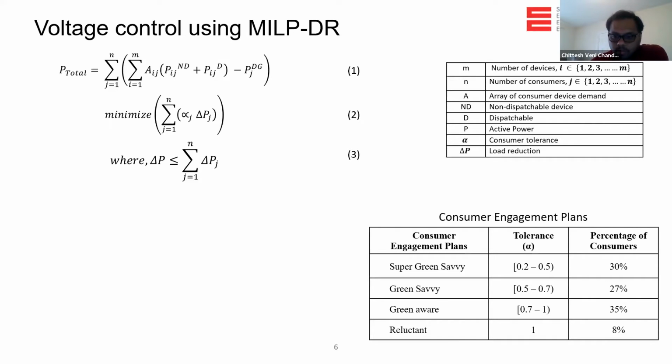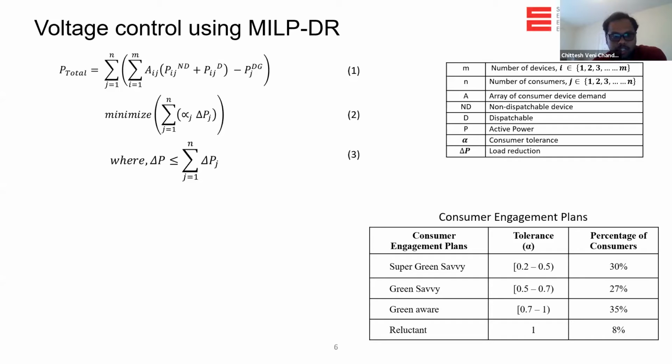So for each of these consumers, we have a set of consumers. The system we assumed had 74 consumers, and we allocated them to different engagement plans. What this engagement plan defines is a tolerance value.